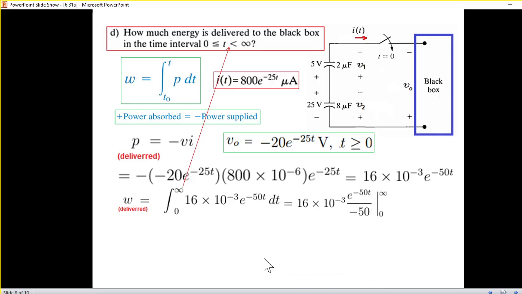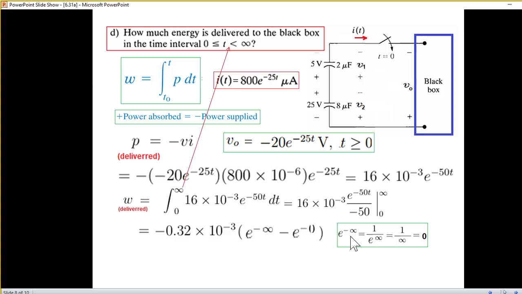So integrate. And I hope by now you are familiar. This is the value and the limit, plugging in the limit. And some students get confused about the value of e raised to the power minus infinity. I've just shown it here. e raised to the power minus infinity can be written as 1 over e raised to the power plus infinity.